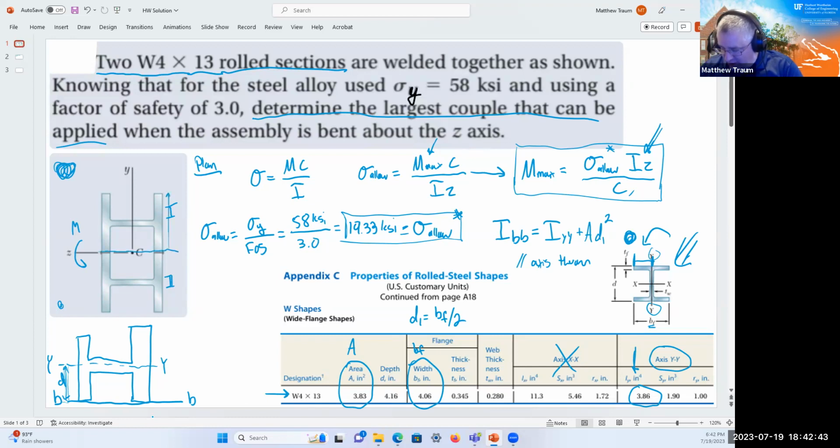It's either all the way up there or all the way down there. In this chart, it's that distance. And if I go back over here and look at what that distance is, that's just B sub F, because again, this is just rotated 90 degrees to get it over here. So that's just 4.06. So that gives me the value for C. And now I've got all the pieces. I can put it all together.